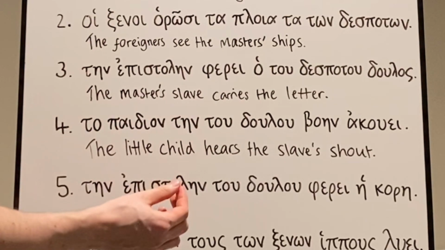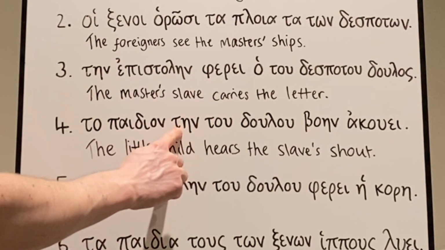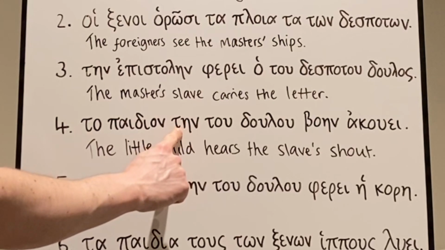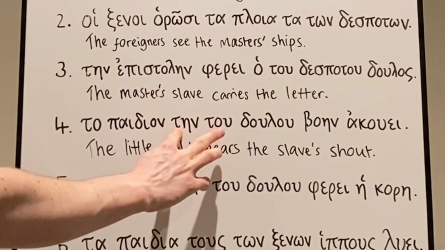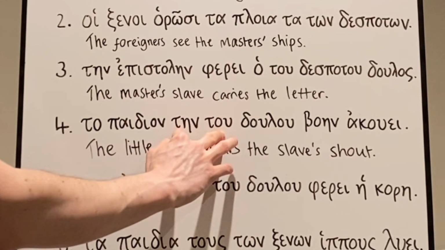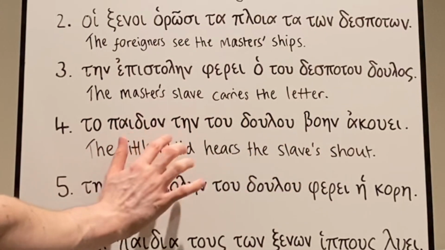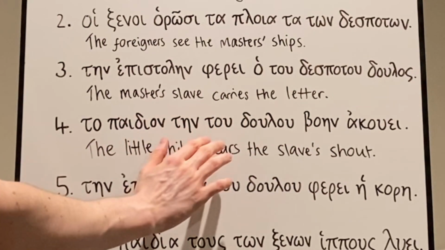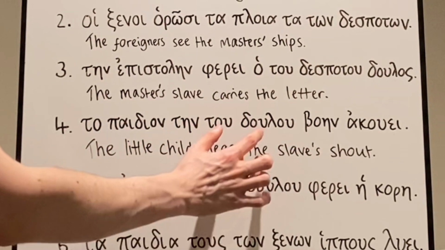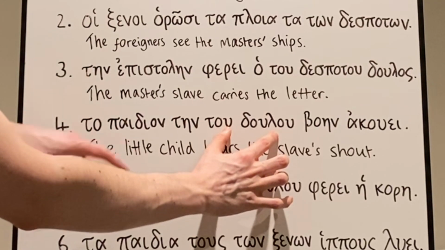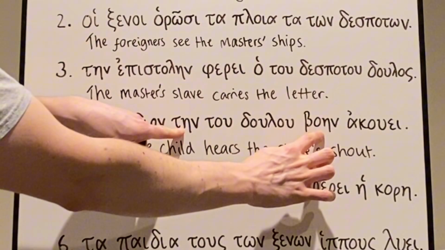But then we see that we've got an object indicated by ten, and once we see that tou is next to it and that there is no repeated definite article, ten is not repeated, we know that we've got a genitive sandwich here. Tou doulou has been sandwiched in the middle of ten boan.